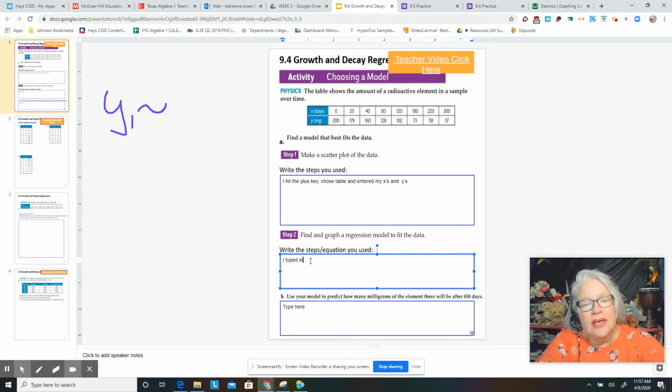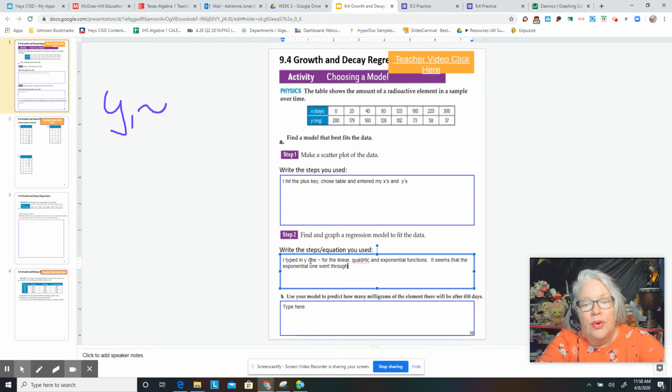I typed in y1 tilde for the linear, quadratic, and exponential functions. It seems that the exponential one went through the most points.